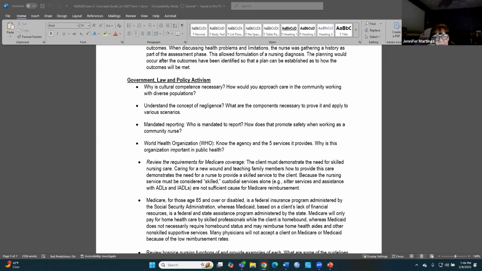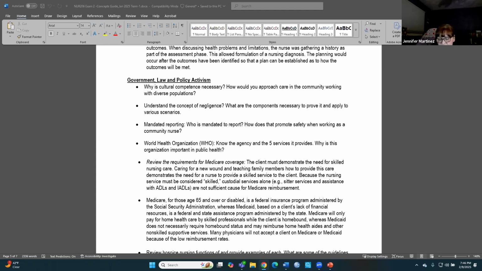So, like if I were to go work in North Carolina, and if I were to go back to Texas, I have to keep myself up to date on what each state's Nurse Practice Act is, so that you don't violate it, because not knowing is not a good enough answer when it comes to that.